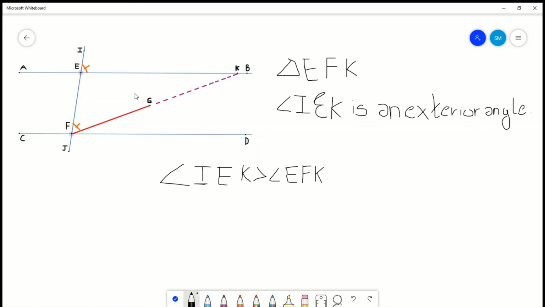But by construction, angle EFK is actually equal to angle IEK.